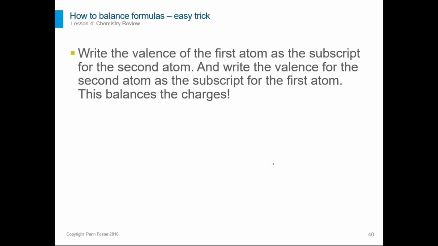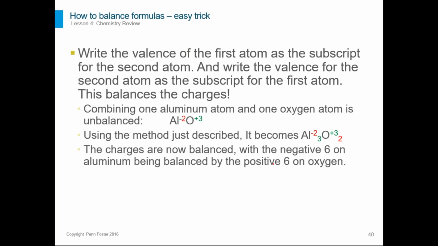If we have aluminum and oxygen, the valence of aluminum is -2, the valence of oxygen is +3. So all we do is say, okay, we're going to put this number here as the subscript, put a 3 there, and we're going to put the 2 over there. And that's what we did down here.